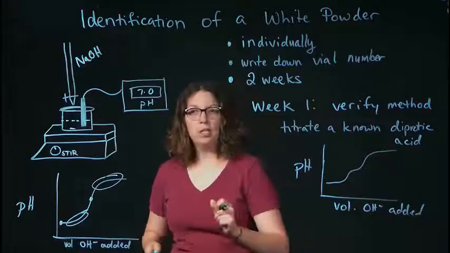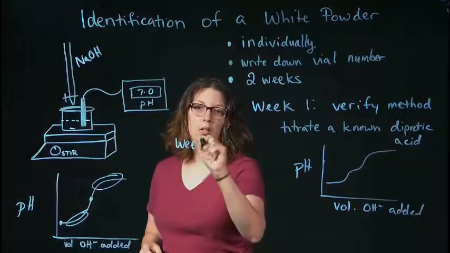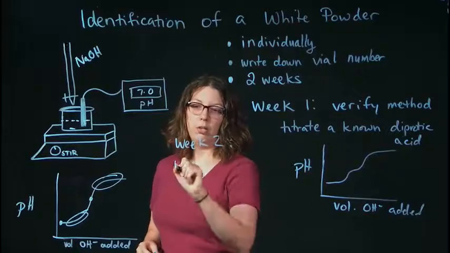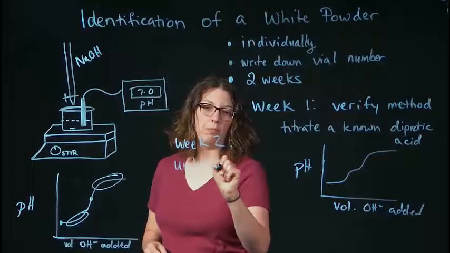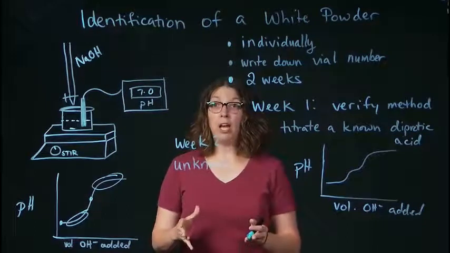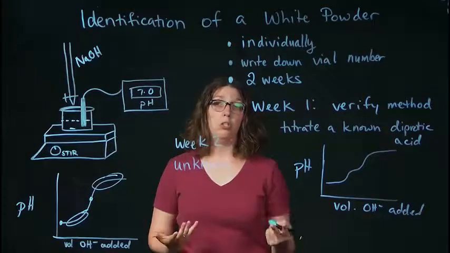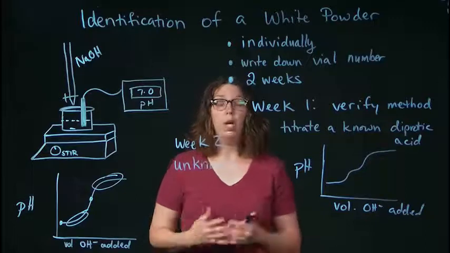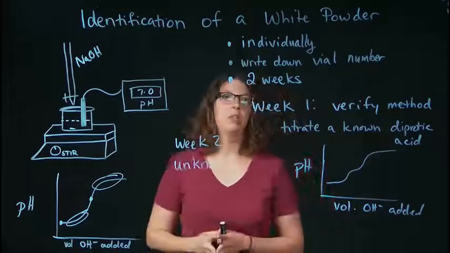That means in week 2, you're going to work on your unknown. We want you to have at least 2 good titrations for your unknown. And what does that mean to have a good titration?